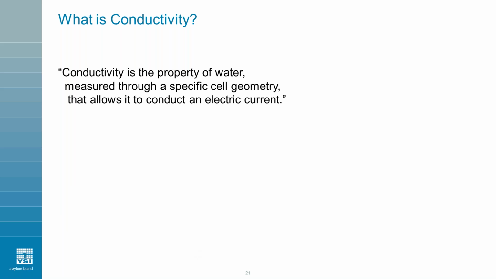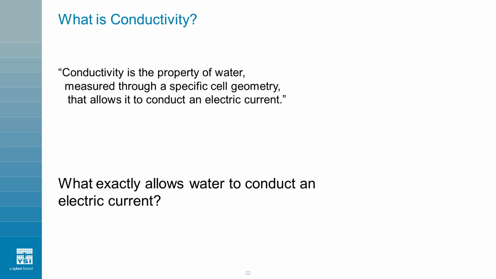So this is all a long-winded way to explain conductivity as it relates to water quality: the property of water measured through a specific cell geometry that allows it to conduct an electric current.